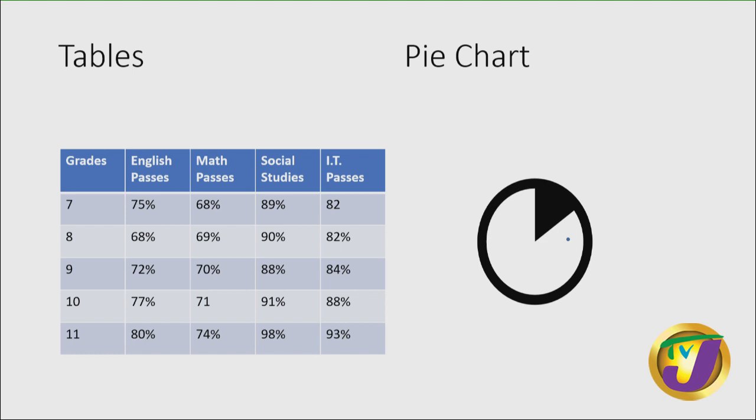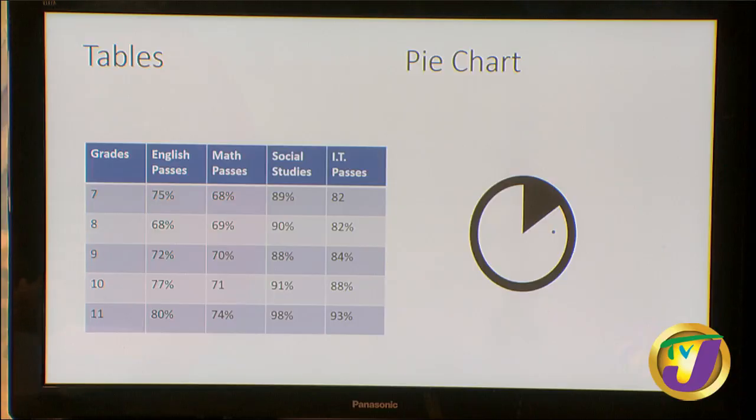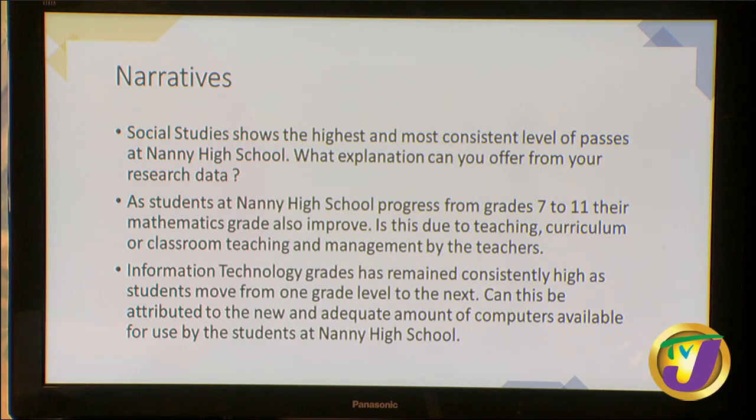So we notice that for social studies, 89 is the highest among grade 7, 90 still the highest among grade 8, 88 still the highest among grade 9, 91 still the highest among grade 10, and 98% still the highest among grade 11. So when we say that you are to present the narrative, you have to give an explanation. Merely showing the table alone, saying okay, this is the table, and then there's no narrative, is not enough.